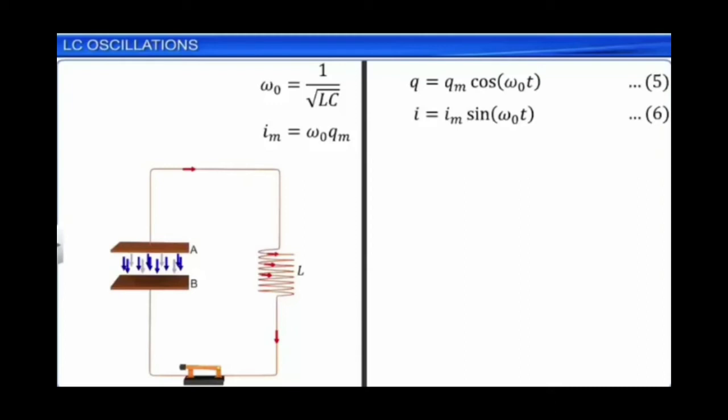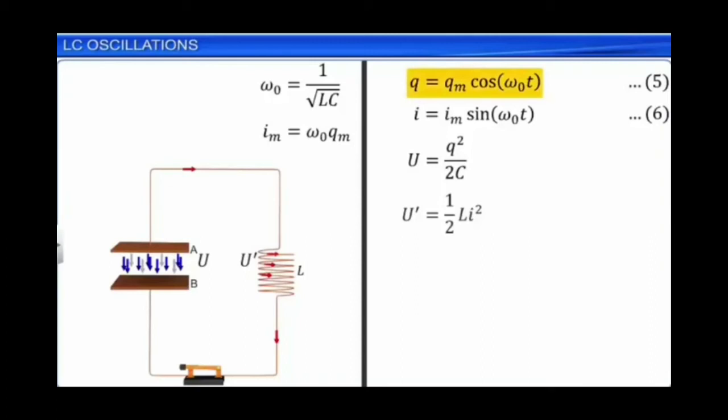So we have obtained the expressions for the charge in the capacitor and the current through the inductor, which are oscillatory. From the equation we can say both are oscillatory in nature. Now, at any instant of time, the energy in the capacitor is given by q square by 2C and the energy in the inductor is given by half L i square.